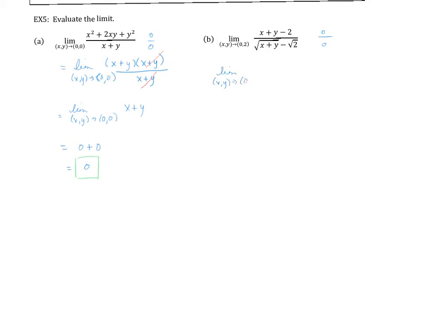I'm going to take this limit and multiply the numerator and the denominator by the conjugate, so the square root of x plus y and the square root of 2 stay the same, but the subtraction turns to addition. Oops, that's going to be a minus, and this will be my plus.